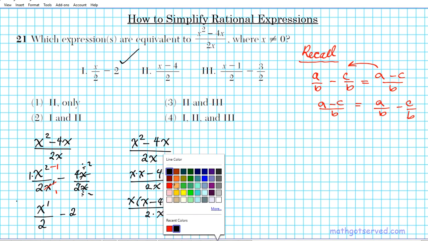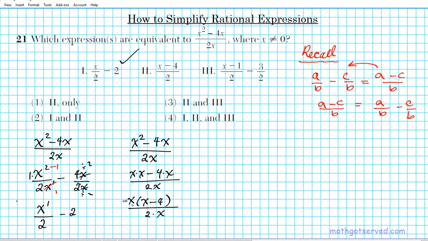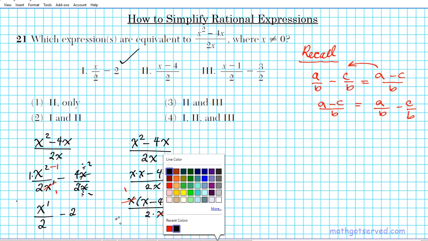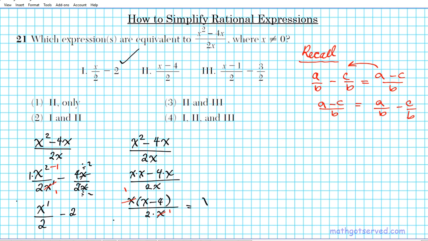Now we can reduce. x goes here once, x goes here once, and your final answer is x minus 4 over 2. That's the reduced form when we factor and reduce. That is equivalent to option 2. So options 1 and 2 are equivalent.